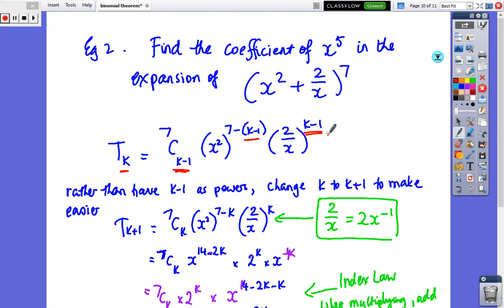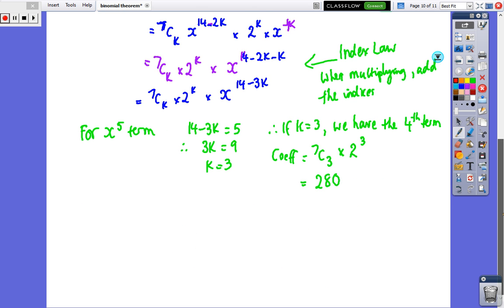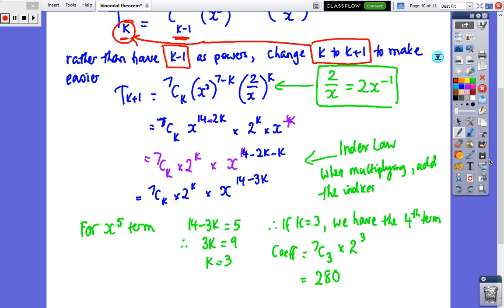So rather than having k minus 1, if we just change that k to k plus 1, see what happens. By changing this to k plus 1, now we've got nice numbers here, here, and here. Okay, so have a look.